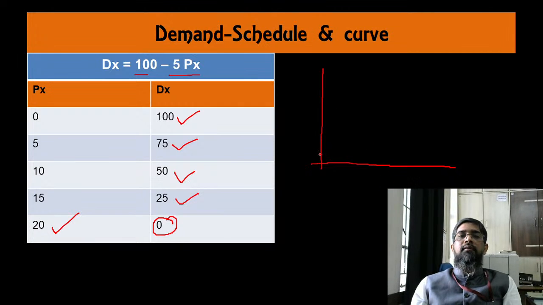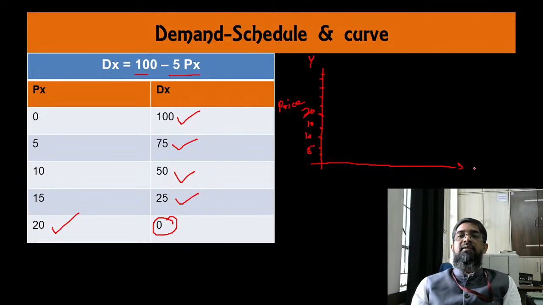So this is y, and on the y-axis price is shown. Our price range starts from 0 to 20, so make it like this: 5, 10, 15 and 20. And here you are having up to 100 quantities.